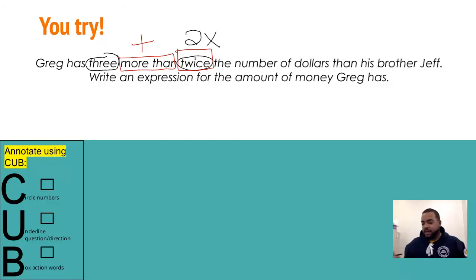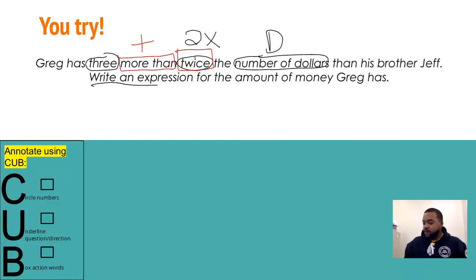So I'm going to have to multiply something times 2. The number of dollars, then his brother Jeff. This is a number. Do we know how much money Jeff has? No. But I can represent that as a variable, D for dollars, to represent how much money Jeff has.